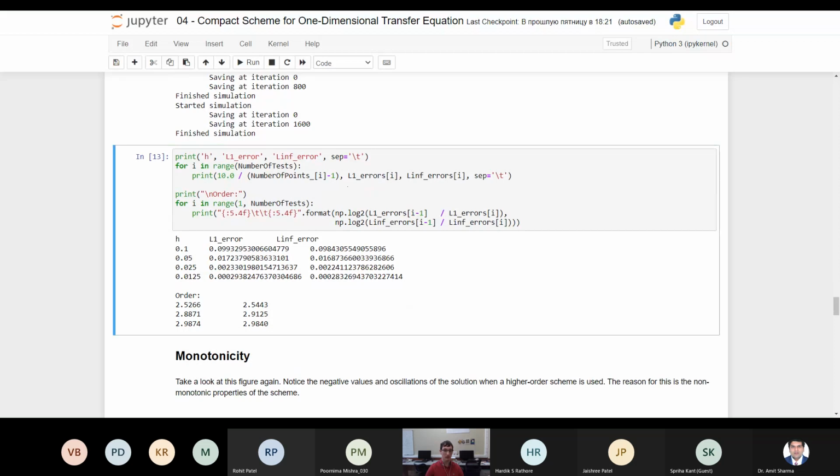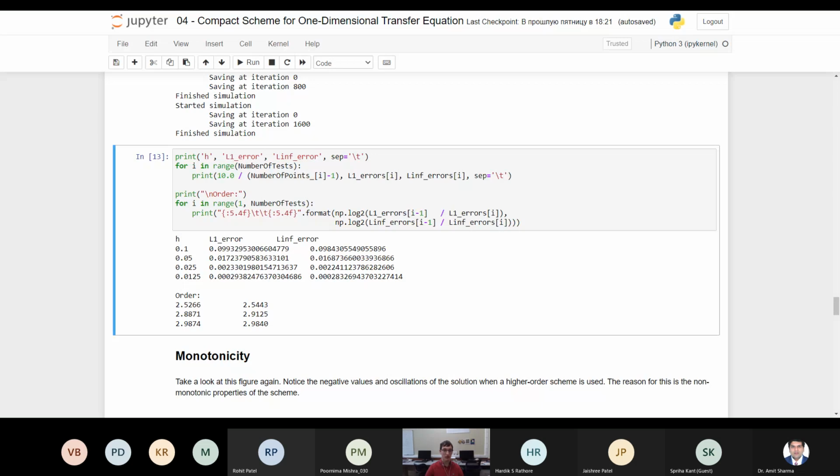At first, we have just 0.09 approximately, which is almost 0.1, and at the final step we have 0.0003 approximately. And the similar situation is with the other norm.